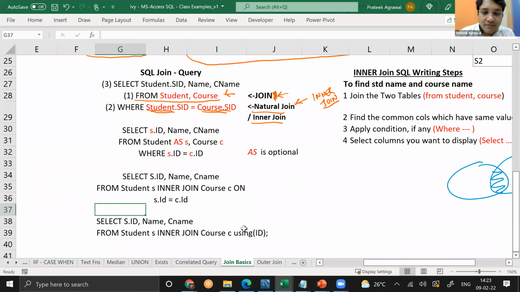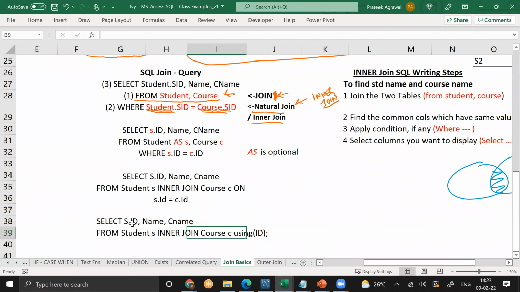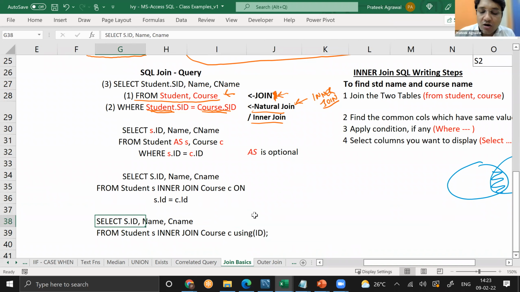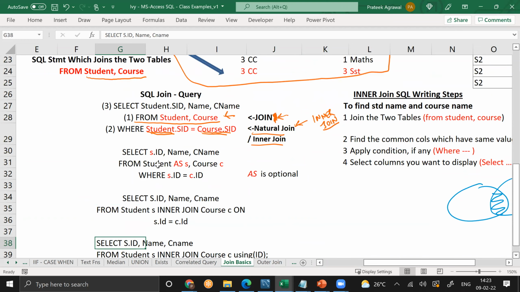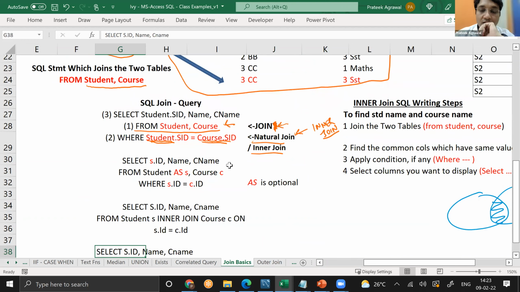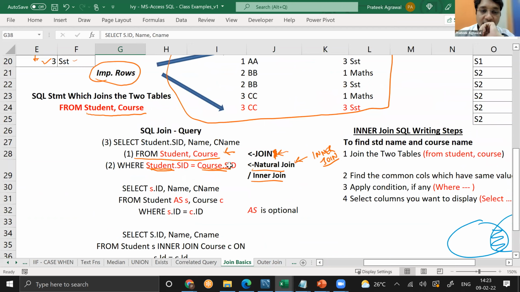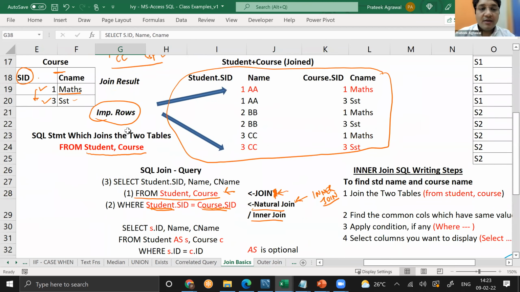But while using the keyword using, you have to keep the common column name the same in both the tables. The common column is SID, Pratik. S is an alias.